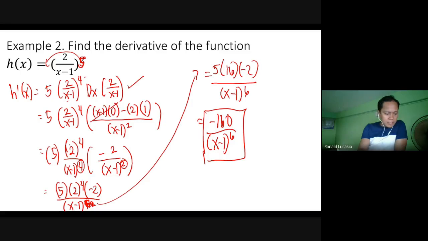Those are 8x cubed, minus 16, 3x minus 1 raised to the 5th power. Saan ka 8x cubed minus 16? That's 8. Makakomplete.